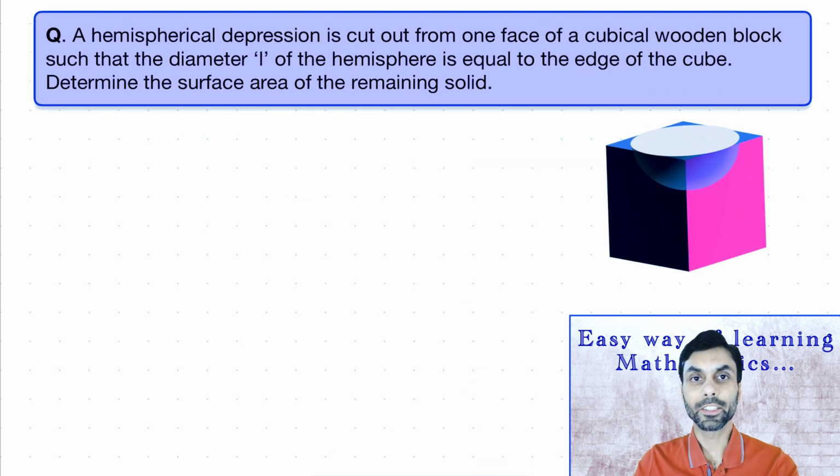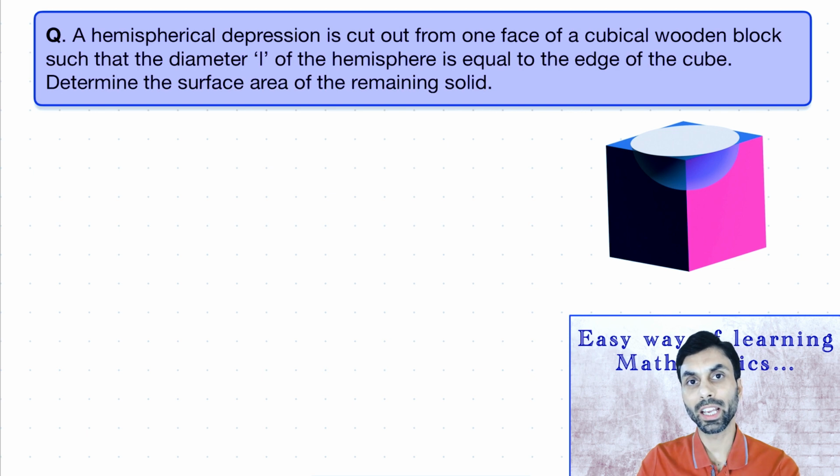The next question is, a hemispherical depression is cut out from one face of a cubical wooden block such that the diameter L of the hemisphere is equal to the edge of the cube. Determine the surface area of remaining solid. So again, when we talk about this case, it is almost similar to the last one.